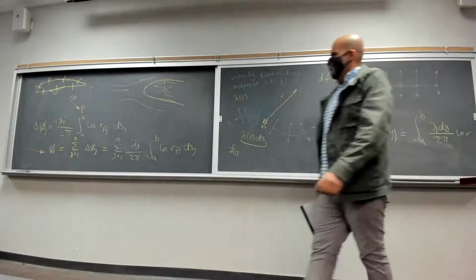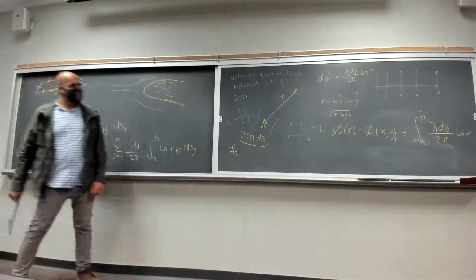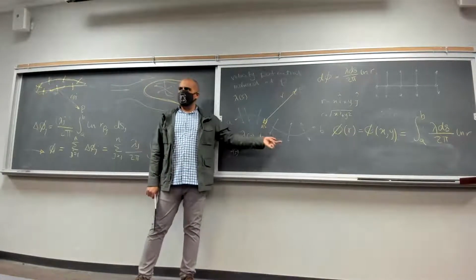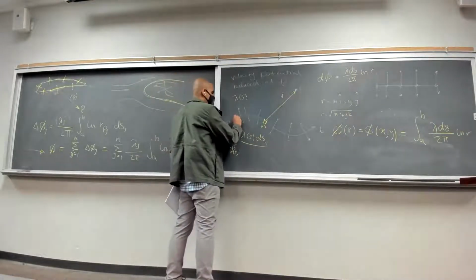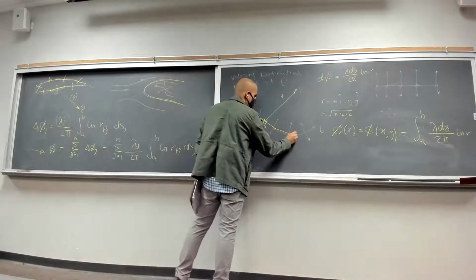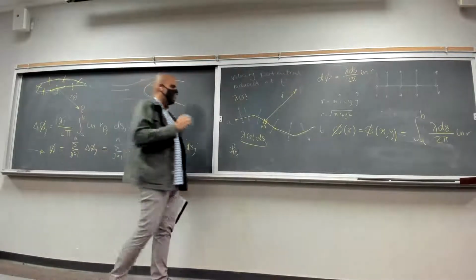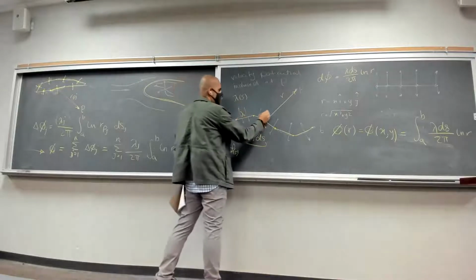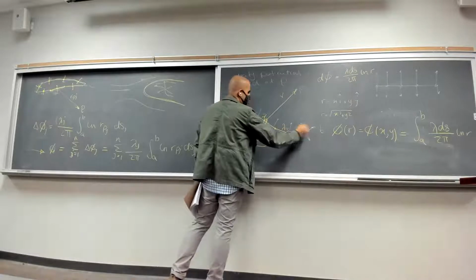Okay, that's a good question. Here, the idea was lambda is changing with your ds. But what we have done is to replace these lines with different panels. What is the main point of these panels? The main point is lambda is going to be constant throughout the panel. So we have lambda 2, lambda 3, lambda 4.